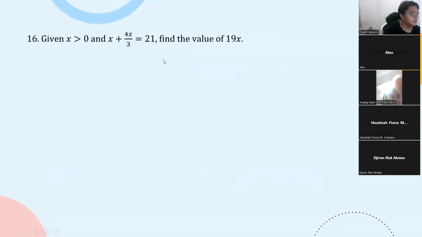Given x is greater than 0 and x plus 4x over 3 is equal to 21, find the value of 19x. Okay, so this one is easy, as you will just multiply the whole equation by 3. This will give you 3x plus 4x is equal to 63. Simplify, and you will get 7x is equal to 63.